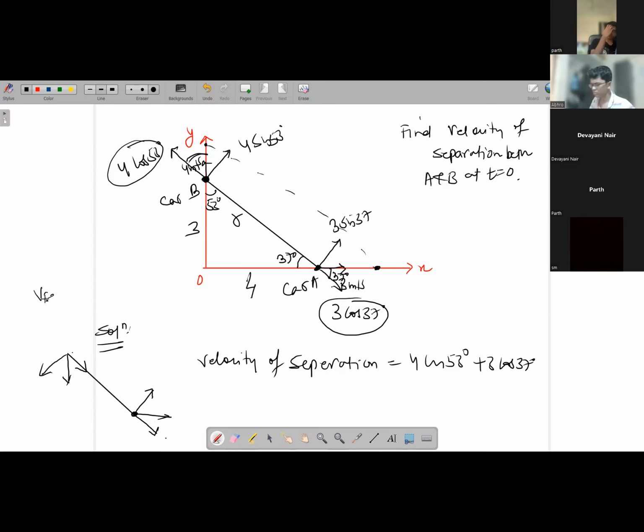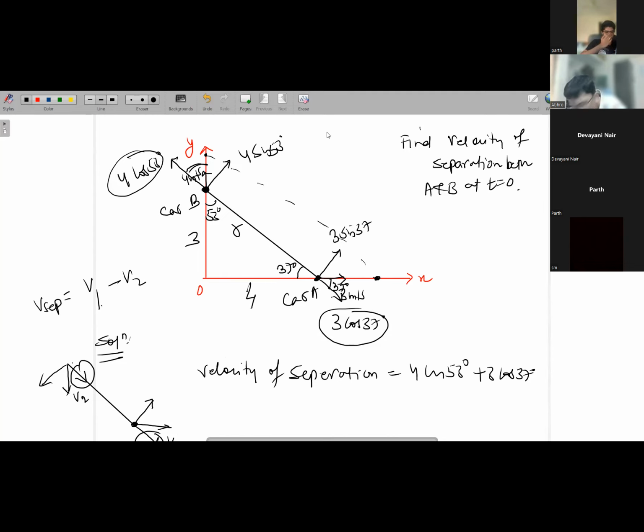So if you want to define the velocity of separation, you will say this velocity, suppose V1, minus this velocity, let's say V2, because with V1 it is going away and with V2 it is coming closer. So the velocity of separation should be V1 minus V2. Note it down.